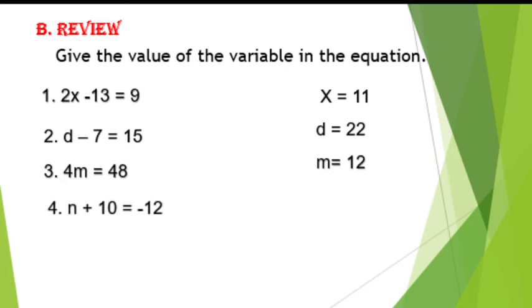N plus 10 is equals to negative 12. That is, N is equals to negative 22. And the last one is 30 equals 2m minus 4. M is equals to 17.